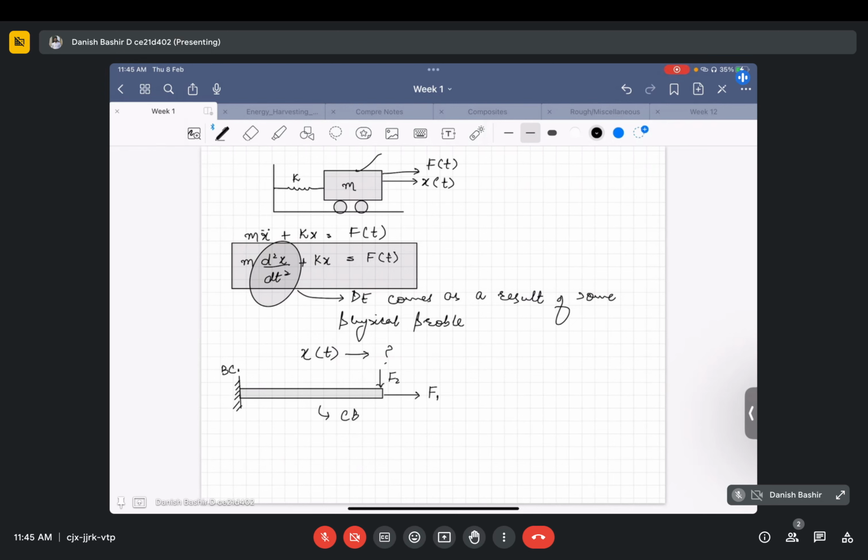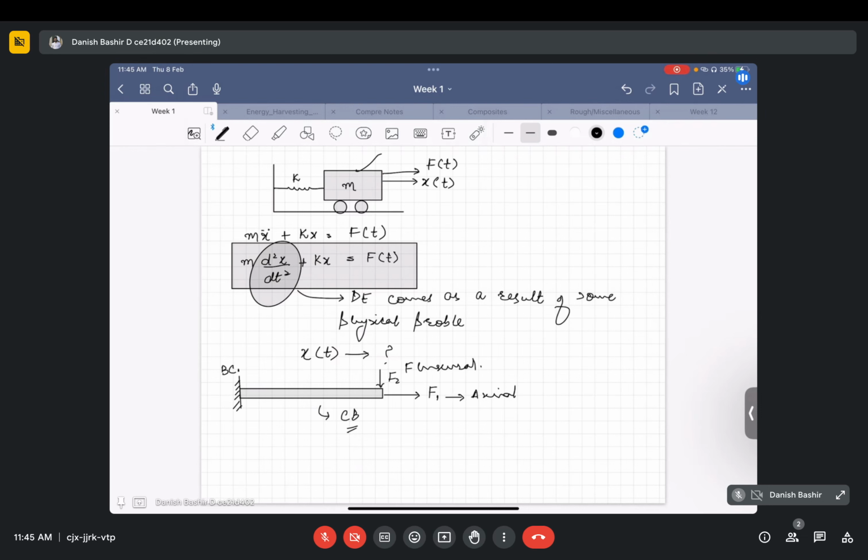So we can obtain its solution if we write it as a differential equation. It will be very easy because there is only one boundary condition, and the application of the force is also simple. One is the flexural force and another is the axial force. Since it's very simple in nature, we can obtain its closed form solutions.